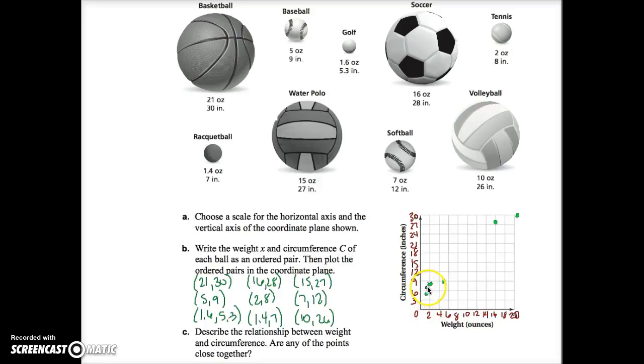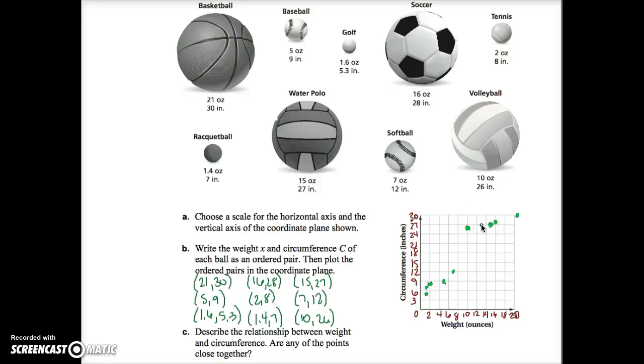Be about right in there. 15, 27. 7, 12 and 10, 26. About right there.